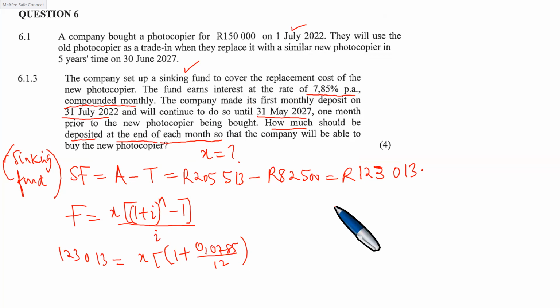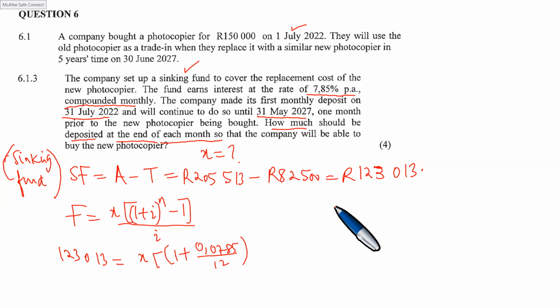Okay, so if it's until the end of May 2027, you need to look at what this means, and obviously at the number of years there.